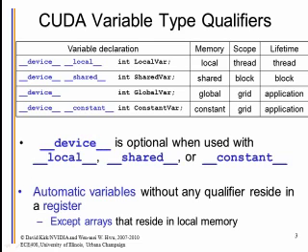Based on the CUDA variable type qualifiers, we can specify what storage a particular variable will use. For example, you can specify a local variable using the __device__ __local__ modifiers.